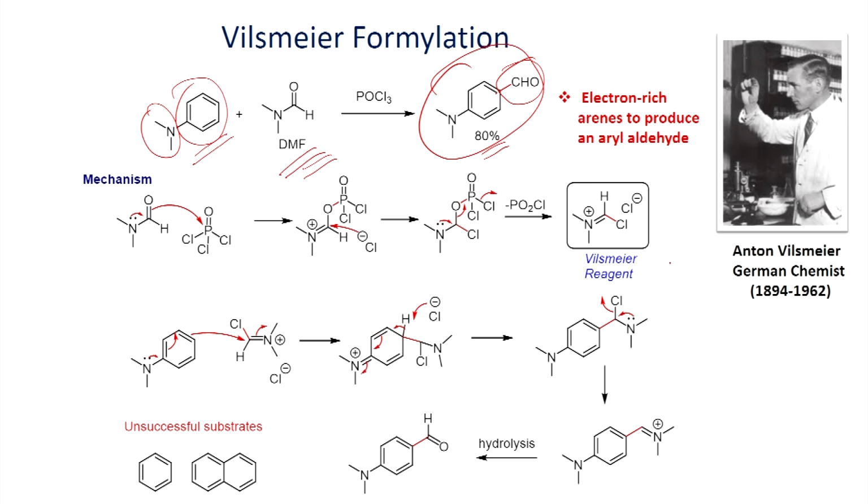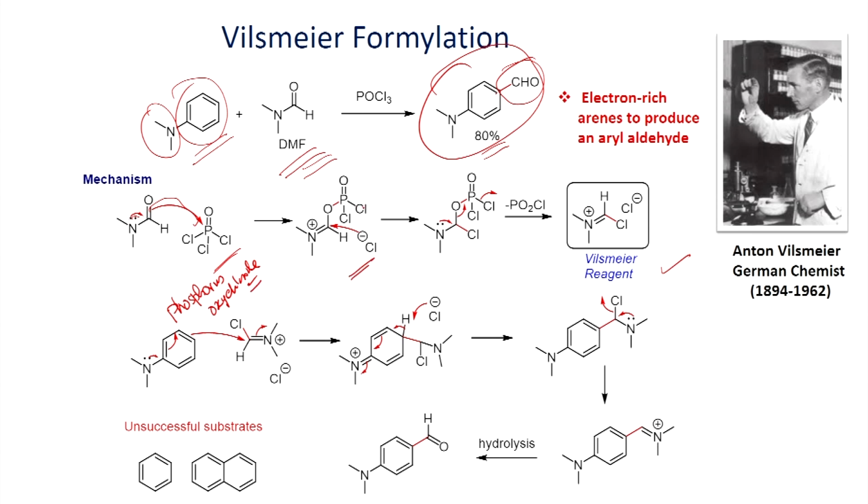The mechanism of this reaction is shown here. In dimethylformamide, the lone pair undergoes addition with phosphorus oxychloride, and you will have this intermediate.